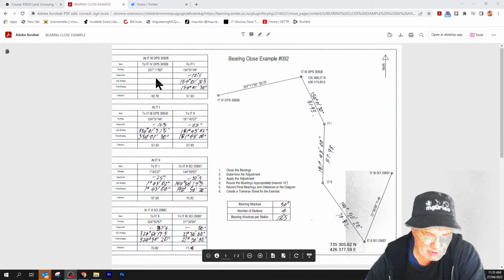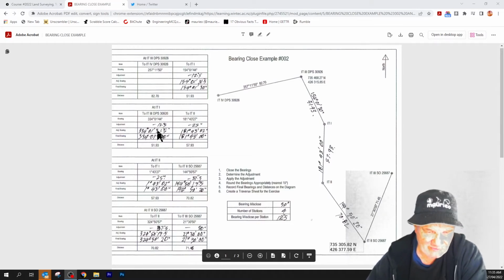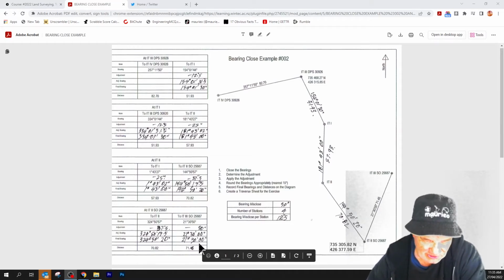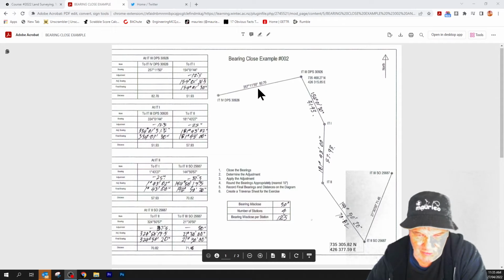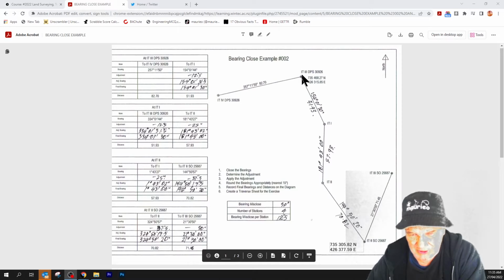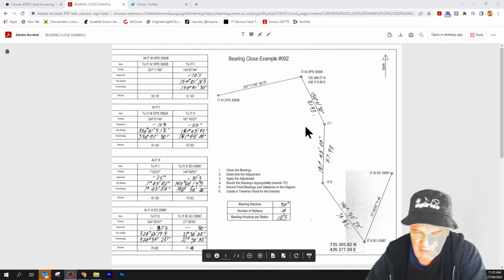Above this would be all your readings, face left, face right, and all that. So these are the final ones. As you can see here, we've come through 257, 1150 is our origin, and we have observed down to iron tube 1, 154.01.44.